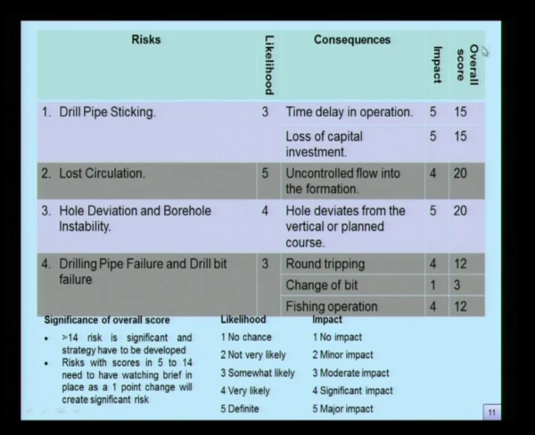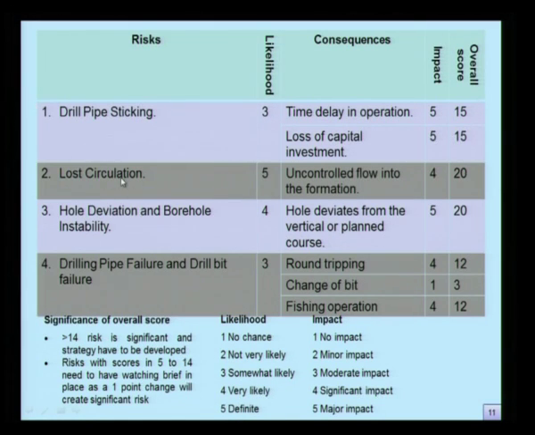So, the overall score of risk is nothing but the product of likelihood and impact. So, 3 into 5 gives me 15, as well as 3 into 5 gives me 15. So, the drill pipe sticking gives me an overall score of 15. Look at the lost circulation. The likelihood of lost circulation in a drilling process is definite, it will always happen.